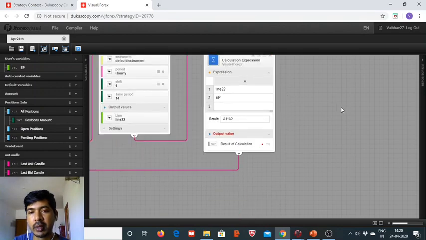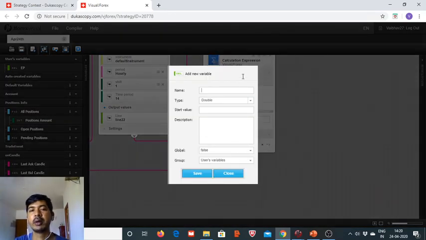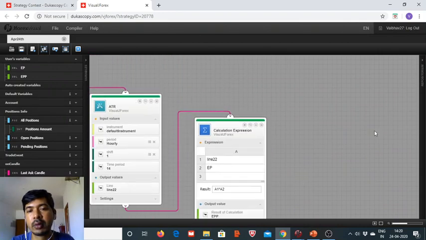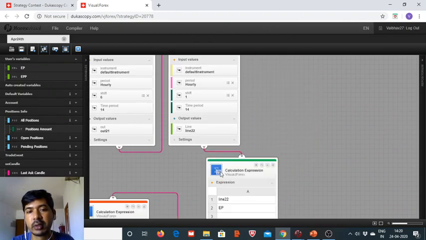And here comes the result of the calculation, and we can name it as EPP, entry point pips.